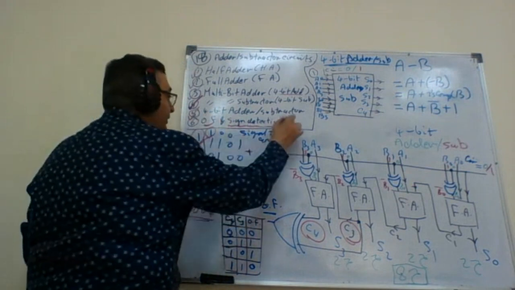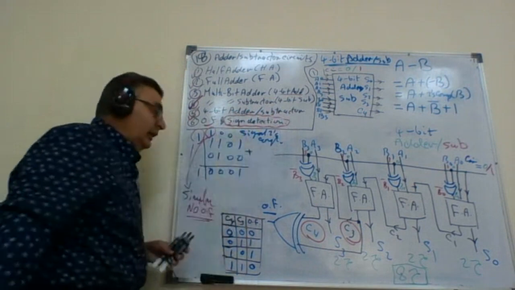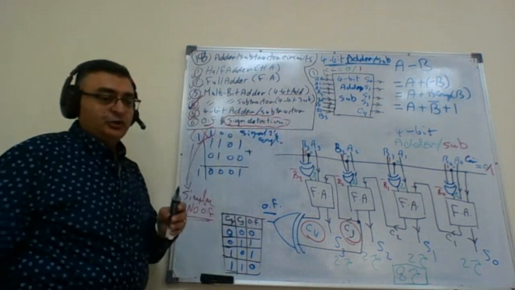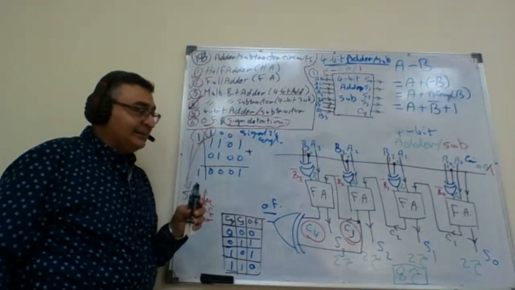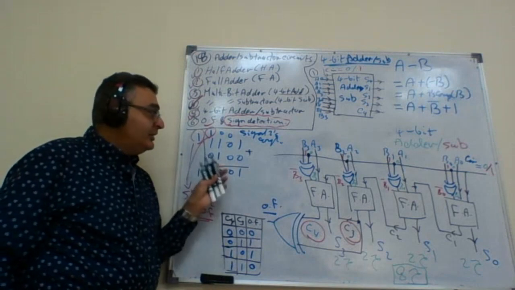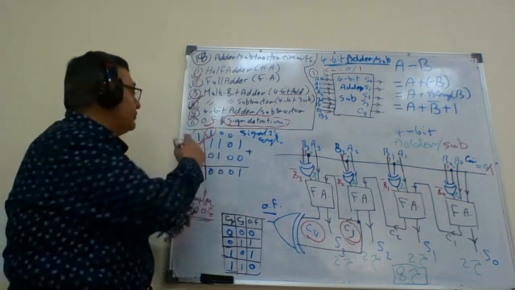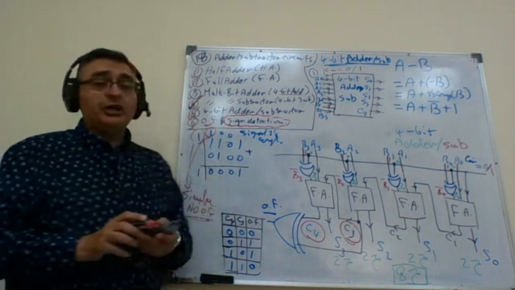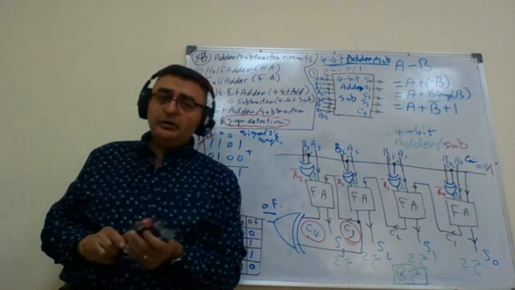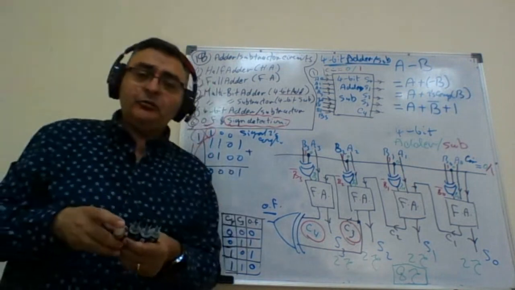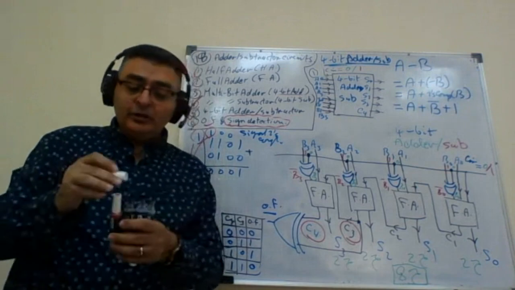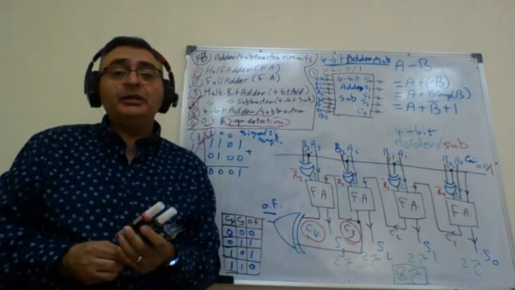At home, think about designing a logic circuit in order to detect the sign if the numbers are signed 2's complement. Okay. So we finished all the circuits for addition and subtraction. We learned the full adder, the half adder, the multi-bit adder, the 4-bit adder, the 4-bit subtractor, and the 4-bit adder subtractor.